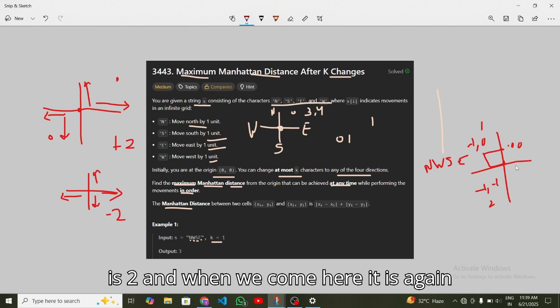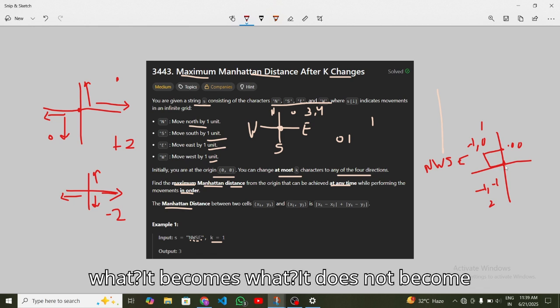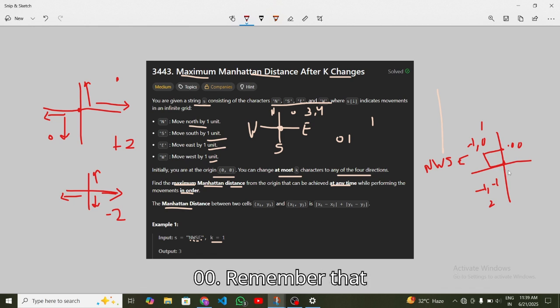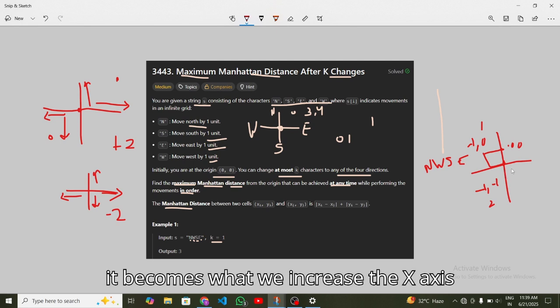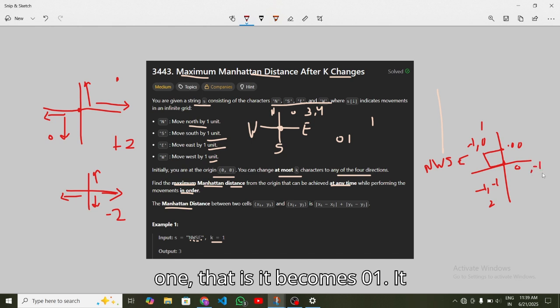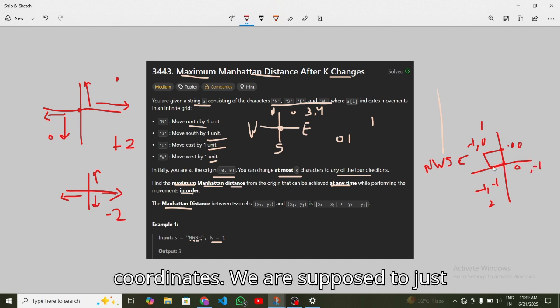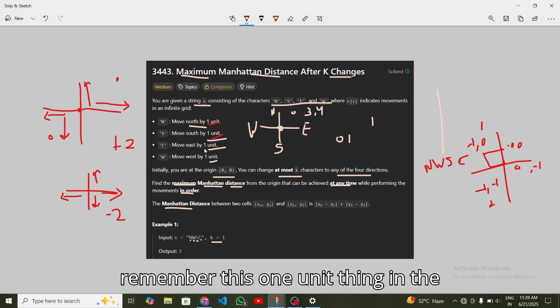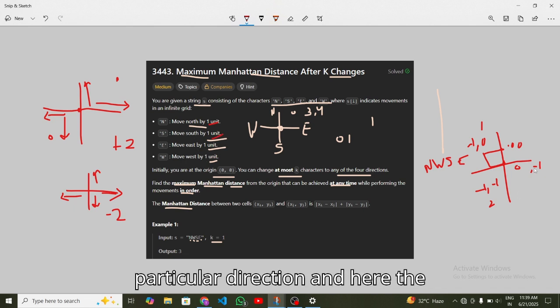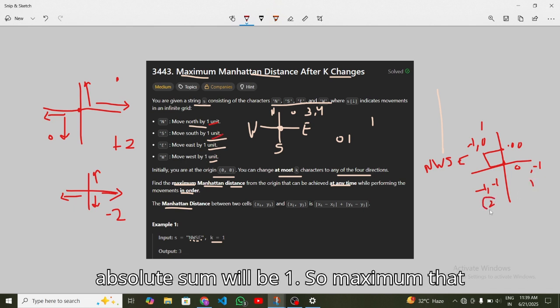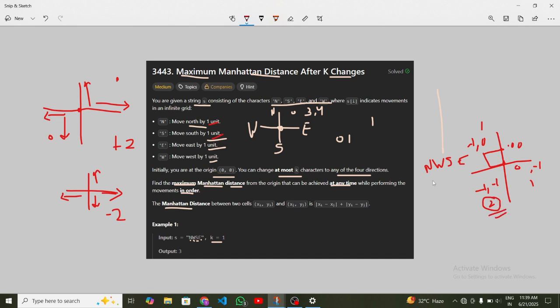And when we come here, it does not become 0, 0. Remember that. We increase the x-axis by one, that is it becomes 0, -1. We are supposed to just remember this 1 unit in the particular direction, and here the absolute sum will be 1. So the maximum that went here was 2.